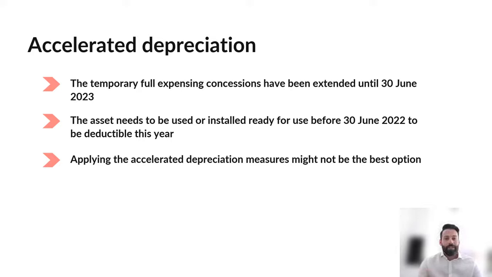If in the next year, you're expecting to have a pretty bumper year and your average tax rate in that year might be 35%, then it may be better to take that deduction against next year's income and that deduction be worth 35 cents in the dollar, rather than putting it into this year where it might only be worth 20 cents in the dollar.